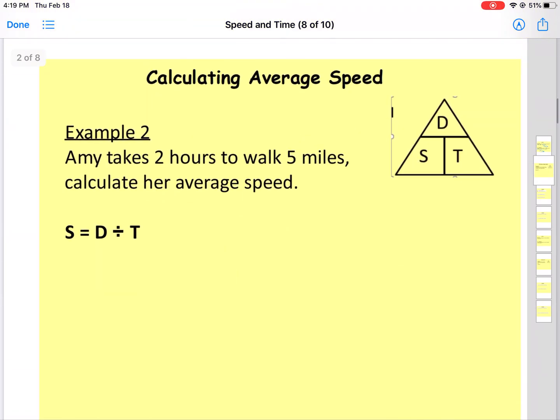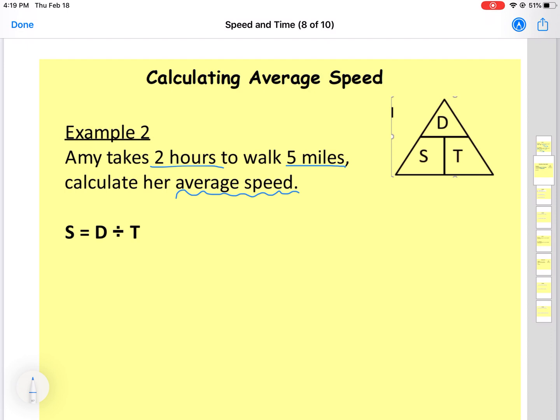So when calculating average speed, we can still use the distance, speed, time triangle that's on the right hand side of your page, the one that we looked at a little while ago. So what we are looking at with this question here is we are given a distance and we are given a time, and we then are able to calculate the average speed.